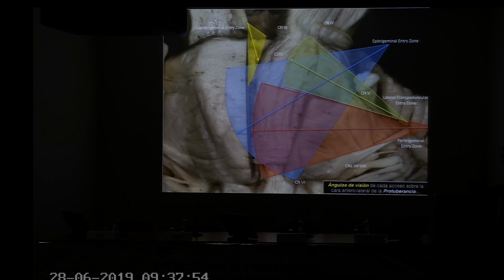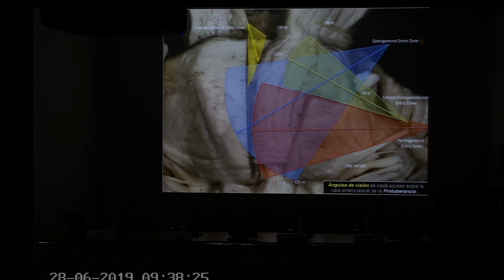And if you see by the retrosigmoid approach, you can see it this way, along the green line. Why? Because your eyes are here, the spatula is here, you retract, and you can see this area, the lateral transpeduncular entry zone. And if you put the spatula a little bit lower, in this area, you can see the peritrigeminal entry zone, around the 5 nerve.